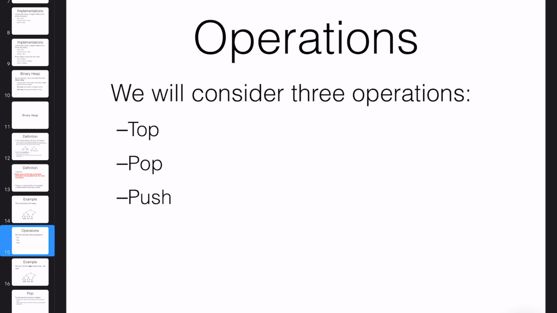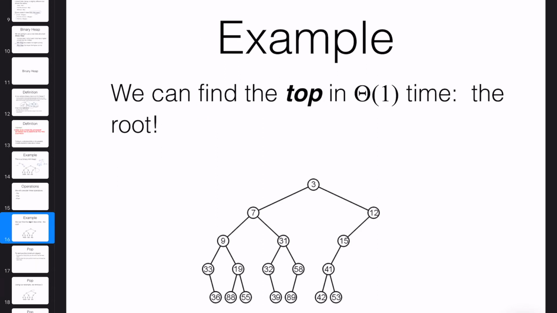I wanted to review the operations top or peek, pop, push, and see how these operations are going to work over a binary heap. The first method is top or peek. We wanted to have access to the item with the highest priority in a binary heap, in a min heap.